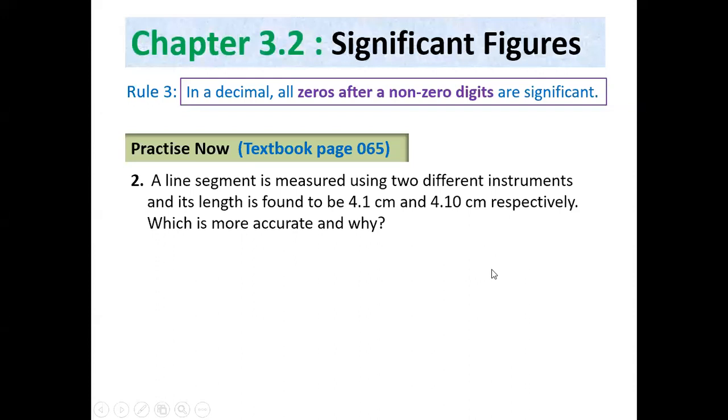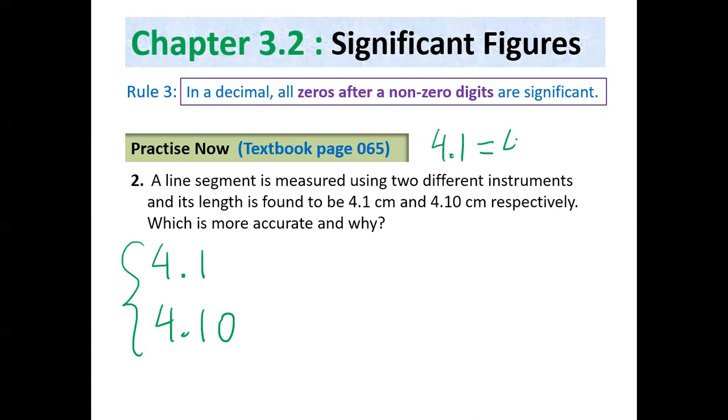Now, zeros after a non-zero digit are significant. The length is found to be 4.1 and 4.10 respectively. The question is, which is more accurate? They share the same value, 4.1 and 4.10 are equal in length.